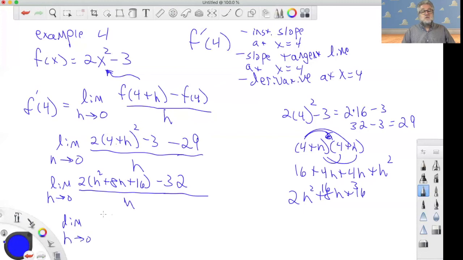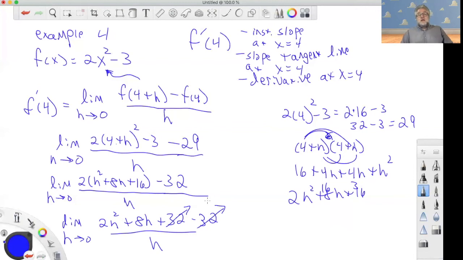As h goes to 0, this is 2h squared plus 8h plus 32, and then minus 32. And notice these cancel. Those better cancel.